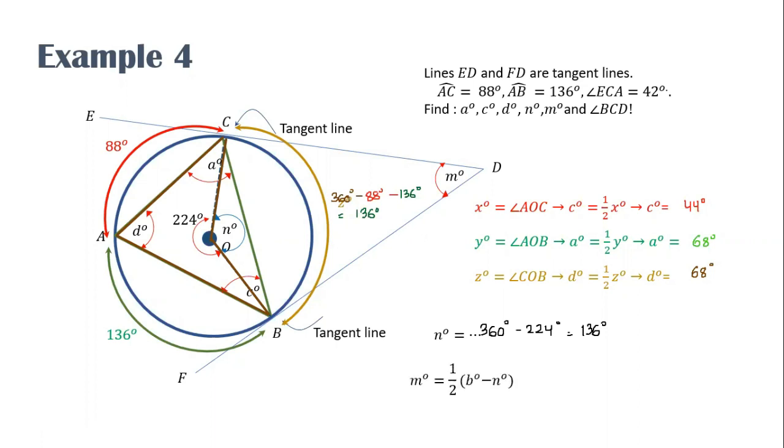So m degrees is the angle formed by the intersection of line ED and line FD, which intersect at point D to construct m degrees. Very easy, right?